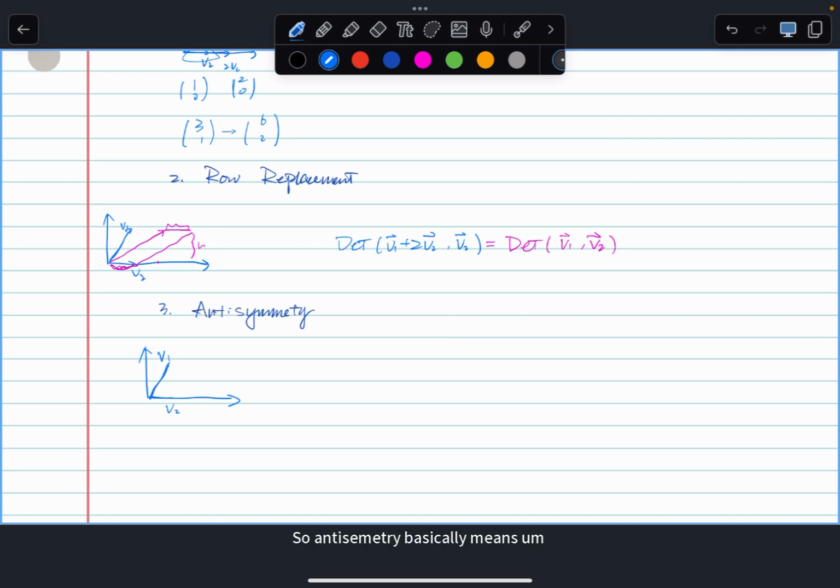So antisymmetry basically means we have a signed volume.